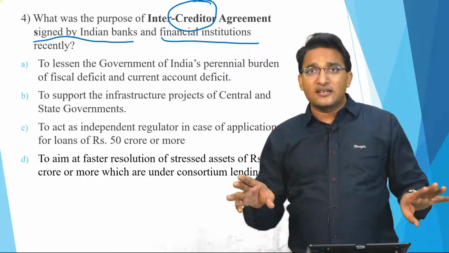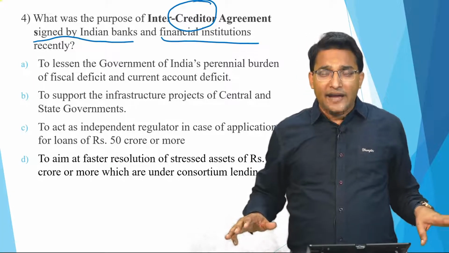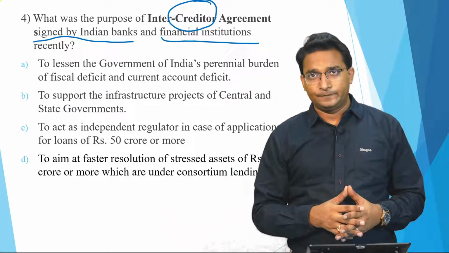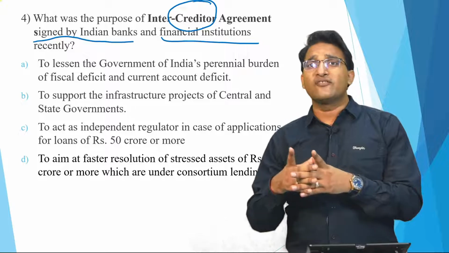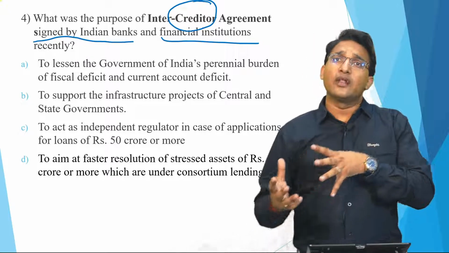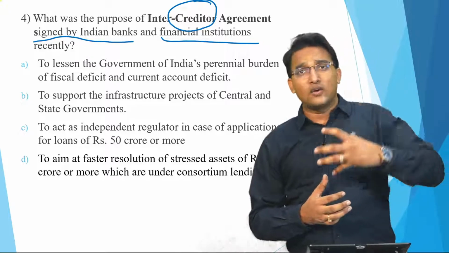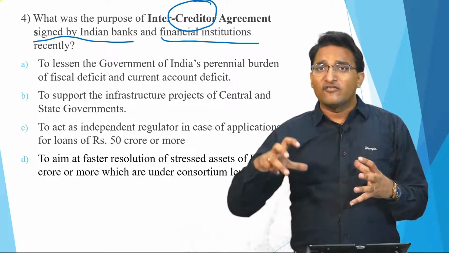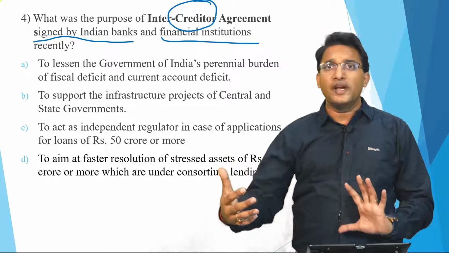This NPA crisis is going on, and it was at its peak in the last couple of years. The banks and financial institutions had given a lot of loans, but the clients are not coming back to pay their loans. So the banks and financial institutions are cooperating with each other.